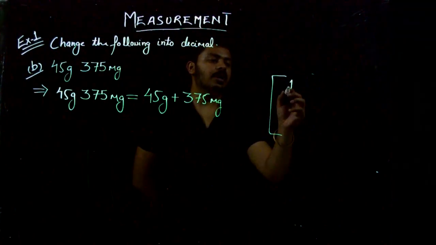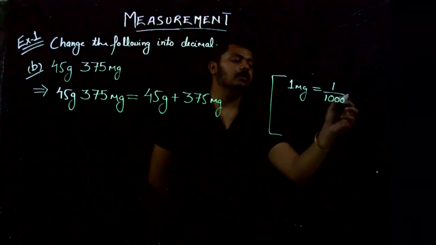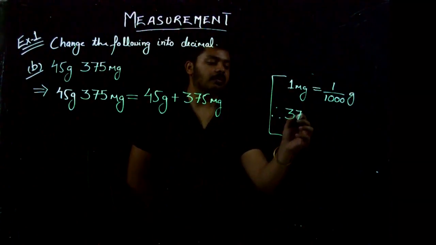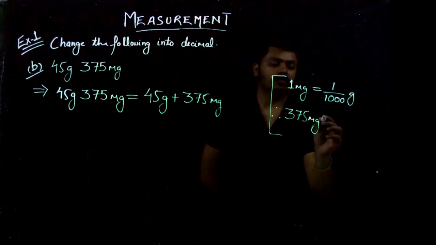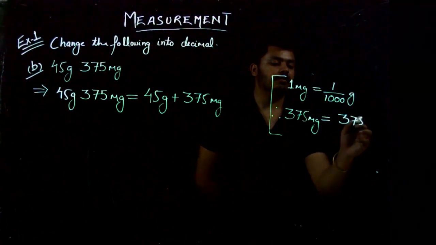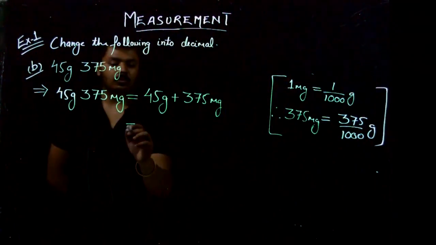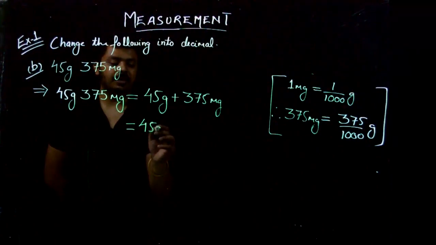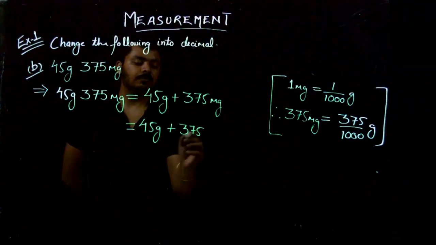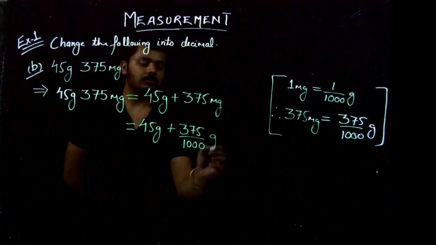We know that 1 milligram is equal to 1 upon 1000 grams. Therefore 375 milligrams will be equal to 375 upon 1000 grams. So we write 45 gram plus 375 upon 1000 grams.